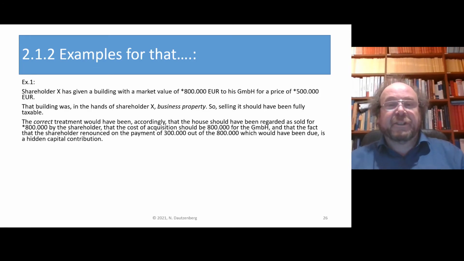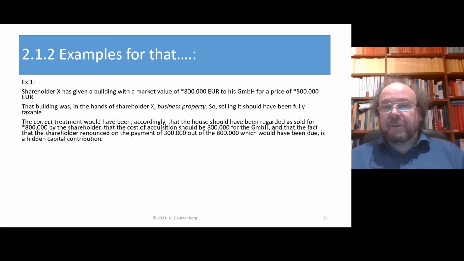And so the cost of acquisition would have been 800,000 for the GmbH. And the fact that the shareholder had renounced on getting 300,000 from that price of 800,000 would have simply been shareholder gives 300,000 to GmbH for free without any reason. This is just hidden contribution.